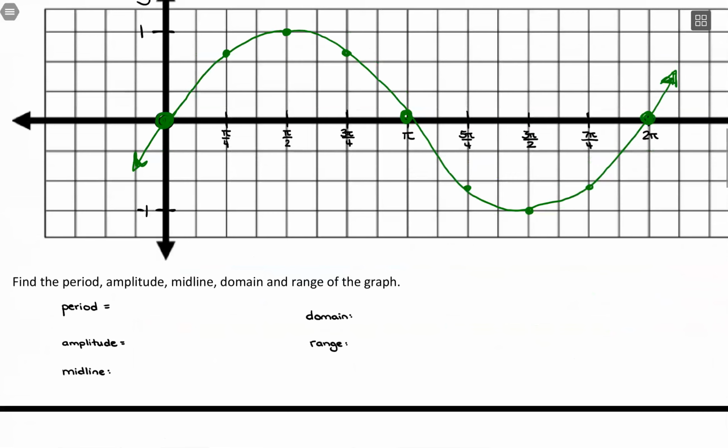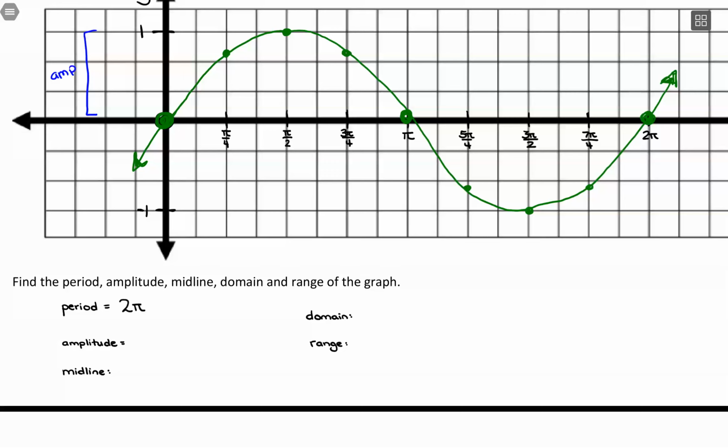For the period of the function, if we're starting here at 0, 0, we see this behavior of our graph, and it starts repeating at 2 pi, so that horizontal distance of one period of our graph is 2 pi. The amplitude of our graph is going to be this vertical distance between the midline and the peak.